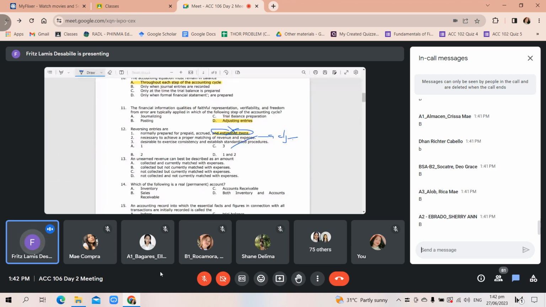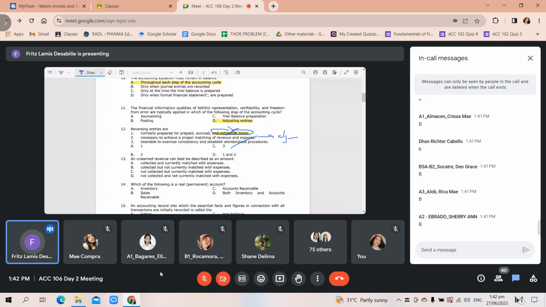Example, owner ka sa isa ka business wherein you have a team of computer technicians nga ang ginabuhat kay repair, maintenance sa mga computer, nya unearned pa siya, wala pa kay expense because ang expense ana nimo, di ba, kung mag-render na kag service, so kanang mga technicians nimo bayaran man na siya nimo.